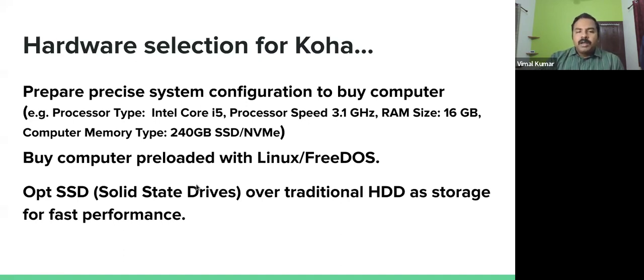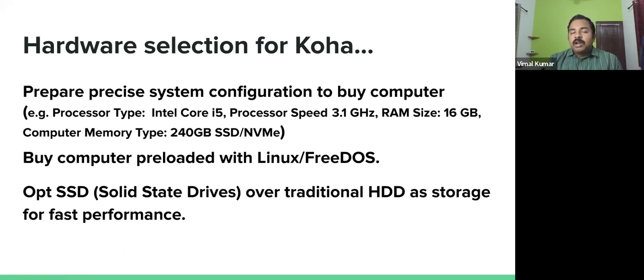Then we have to mention what operating system is preloaded with this computer. We need to install Linux. Anyway, if the operating system is not mentioned, they will give you a computer with Windows preloaded. That Windows may cost maybe 10,000 rupees.